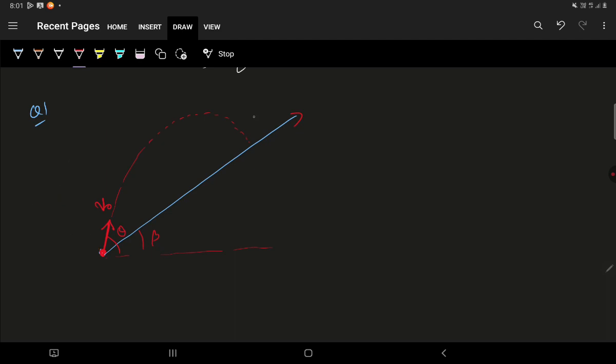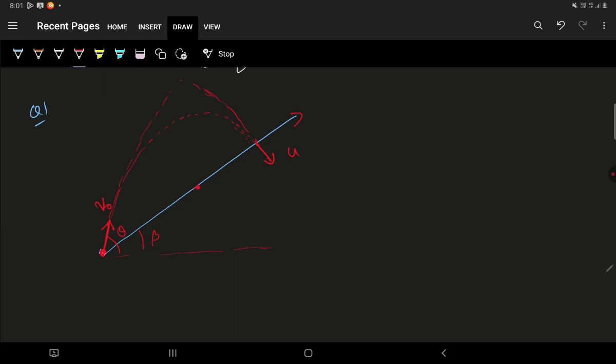Suppose at the end it reaches with some velocity u, then u and v should be perpendicular, because the focal point will be somewhere at this point.